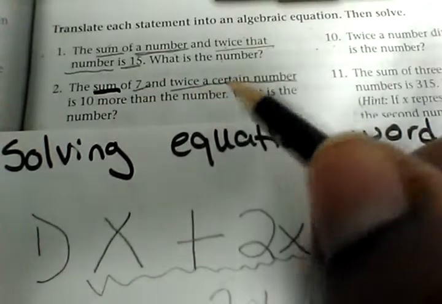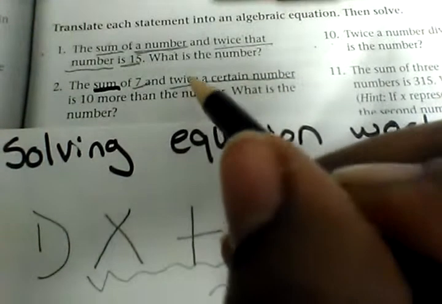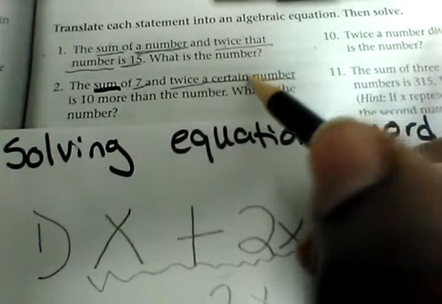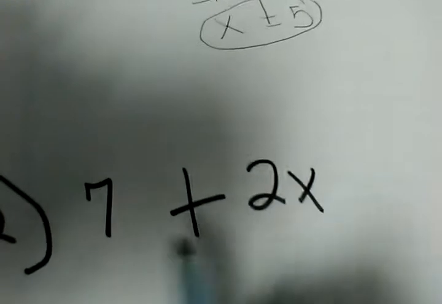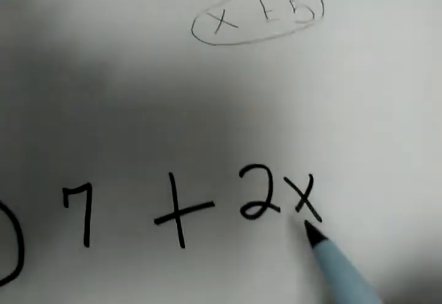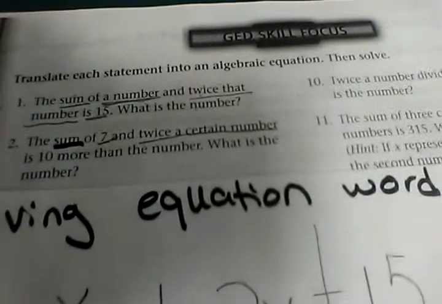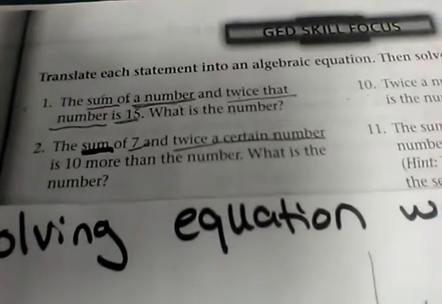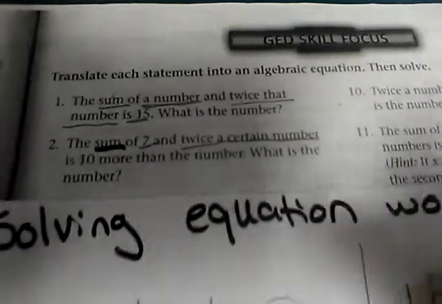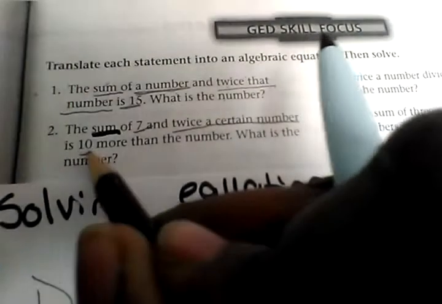So twice a certain number, twice means times 2 a certain number. I don't know what that is, so I'm going to write that as 2x. So far I have 7 plus 2x. I got that. And then it says is, means equal, 10 more than.